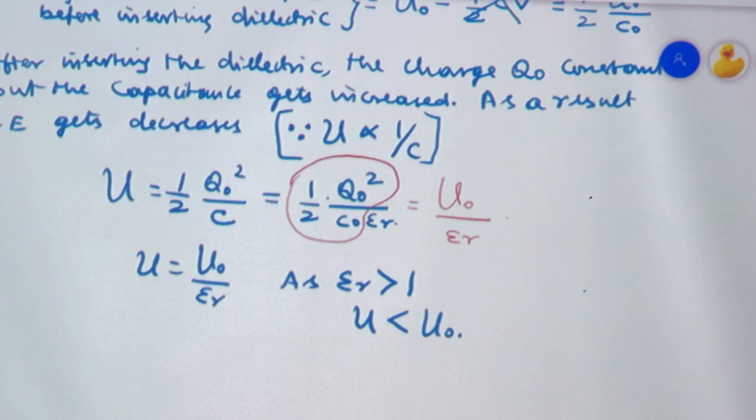So what is the conclusion? There is a decrease in the energy when the dielectric is introduced in between the plates of the capacitor. So we can conclude there is a decrease in energy.